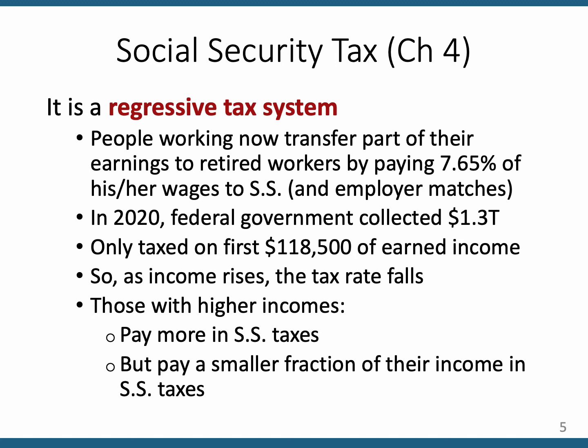He pays 7.65% of $118,500. So let's see, that will be 118,500 times 0.0765 equals. Warren Buffett pays $9,065.25 every year in Social Security taxes. That is a very, very small percentage of his income.